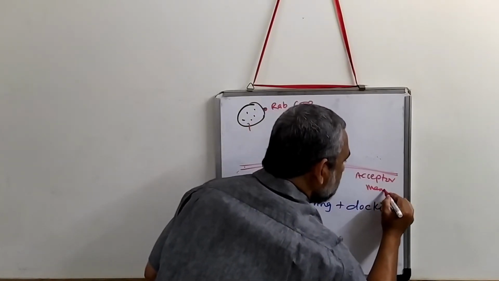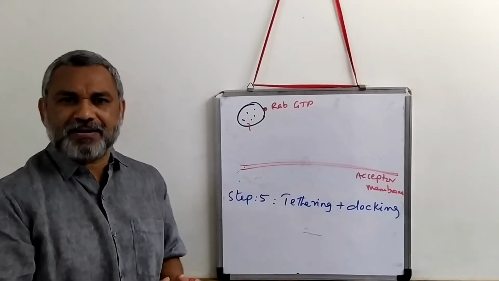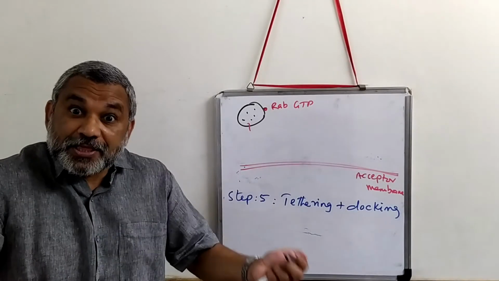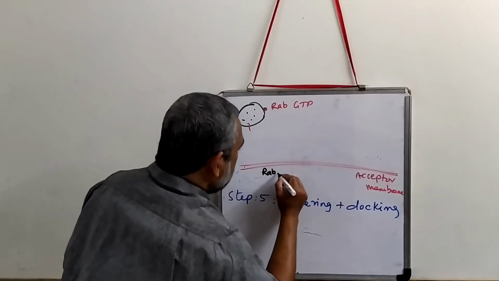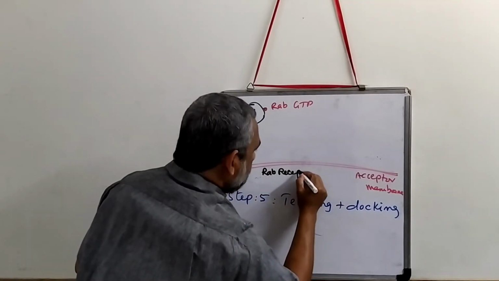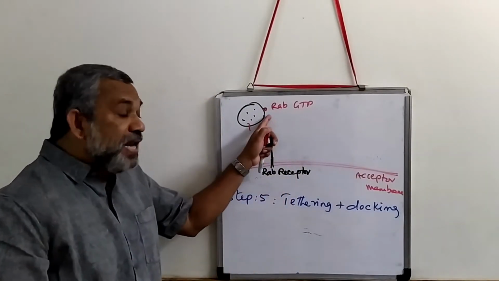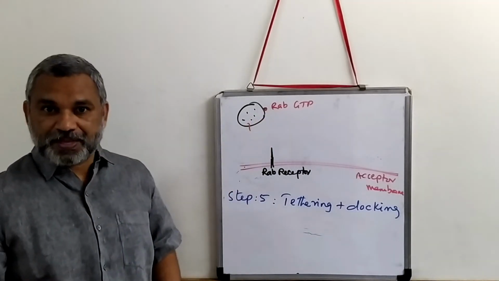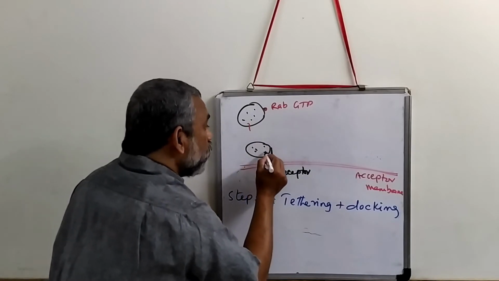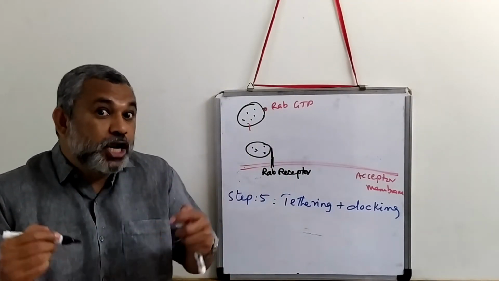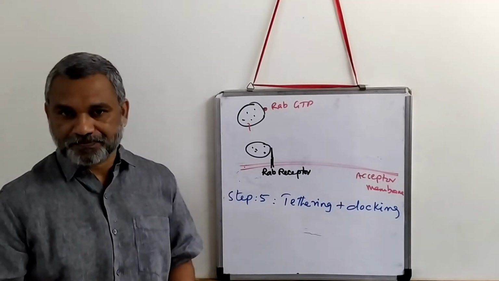This acceptor membrane has a protein called the tethering protein, and the tethering protein is a RAB receptor. Now this RAB receptor will bind to this RAB GTP, and it will bring the vesicle close to it, and the first primary connection is established.